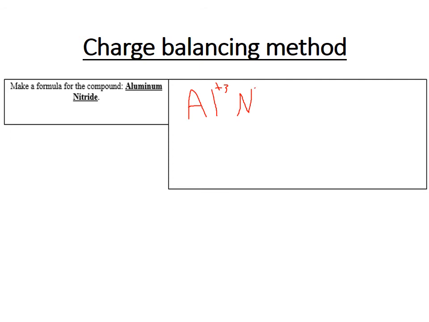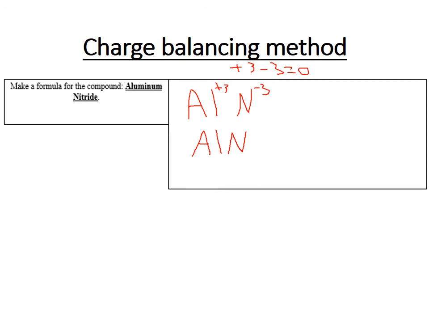Remember, in the charge balancing method, your goal is to have an overall charge 0. As you can see here, with 1 aluminum, I have +3, and 1 nitrogen, I have -3. My charge is already 0. It's balanced. So I just need 1 aluminum and 1 nitrogen, just like that.